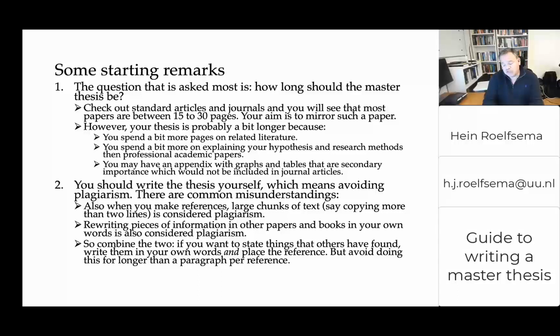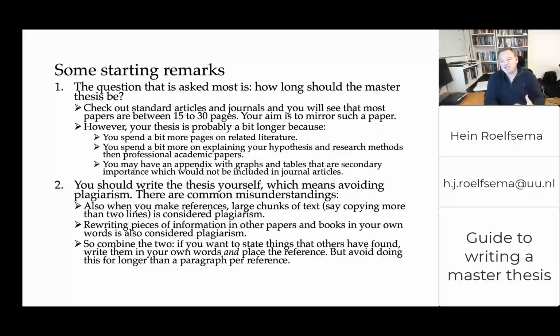So what I always recommend is to look at some journals that are leading in your field of economics and business and see how these articles look. These articles are often between, let's say, 15 and 30 pages. Not less, but also not more, because then it makes it difficult to get them published in a journal. And I think in general your aim is to mirror such a paper.